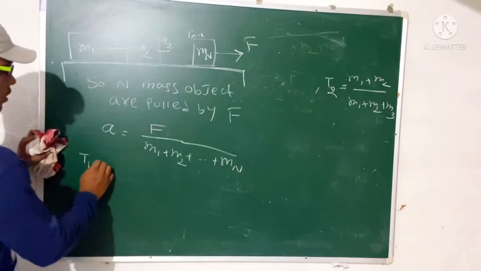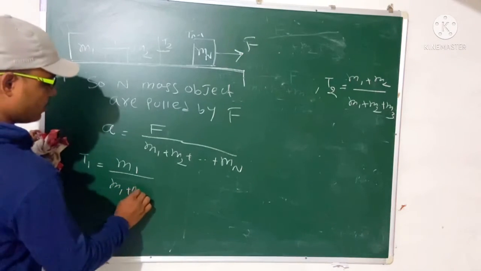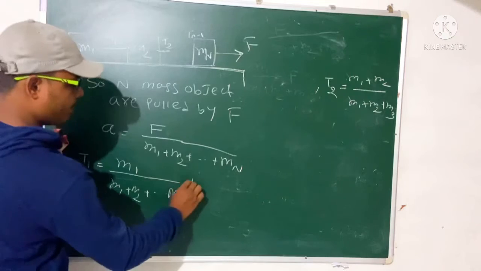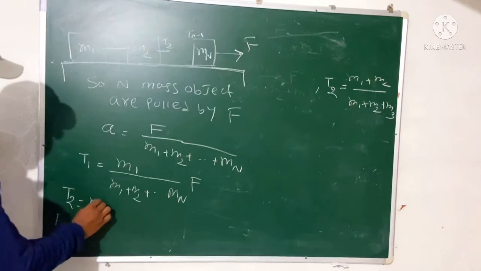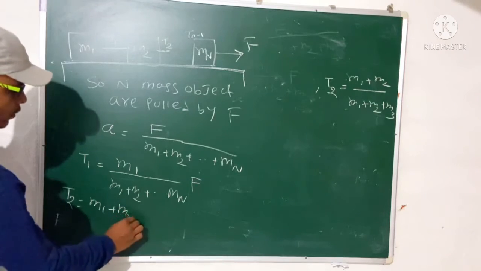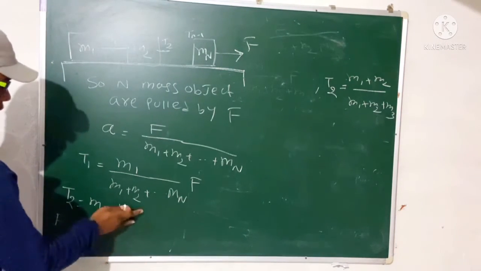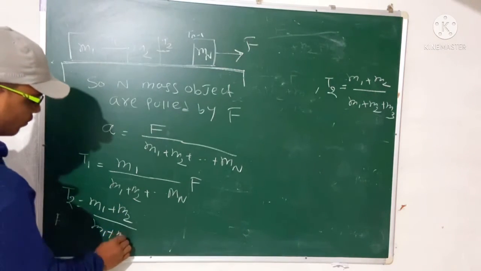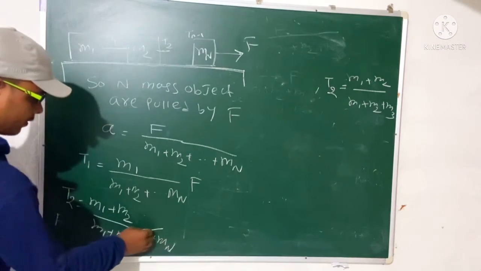So what will be T1? T1 will be M1 divided by M1 plus M2 plus dot dot Mn, into F. Right. So what will be T2? T2 is M1 plus M2 divided by M1 plus M2 plus dot dot Mn, into F. Right.